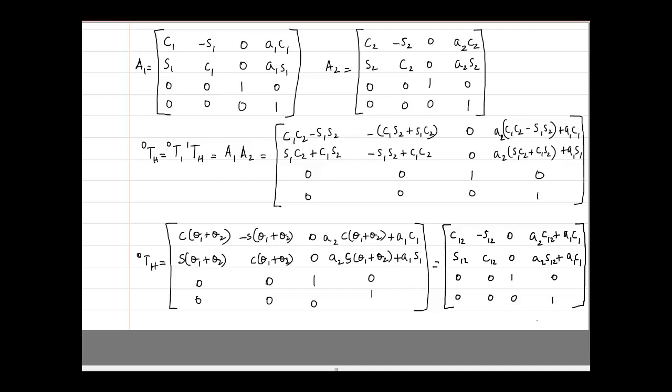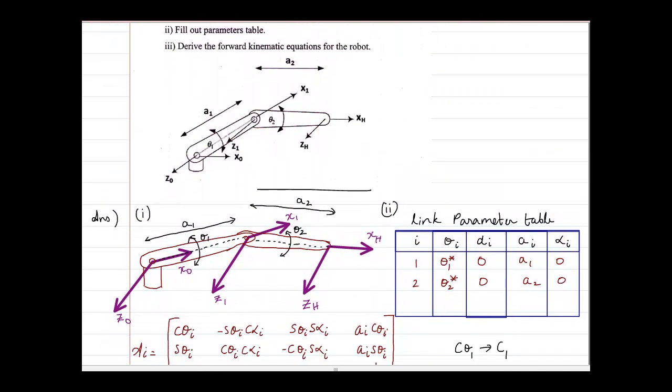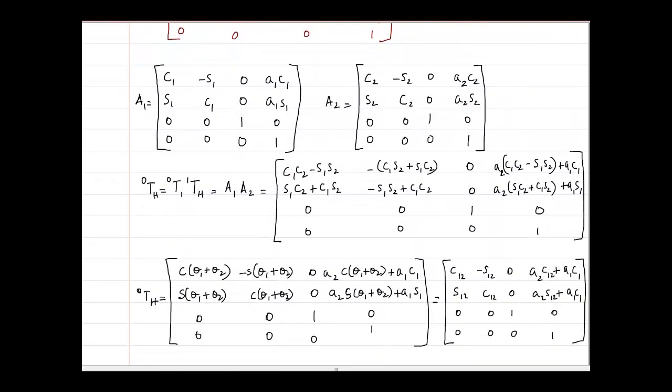Now, why is this called the forward transformation, forward kinematic equation? Why do we call it the forward kinematic equation? Because see, the link variables were theta 1 theta 2, and the fixed link values were a1 and a2. Based on that, we have come up with the orientation. So the orientation will be the first 3 by 3 matrix. Let me take a pointer.